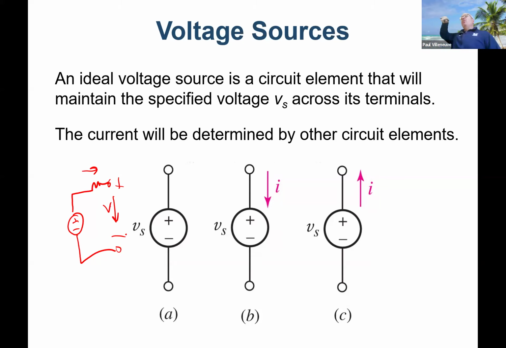And so what we do in many cases in circuit analysis is we're really good at Thevenin and Norton and doing all that stuff, or we will be at the end of the semester. But the idea is that we take a real world circuit and we model it with ideal components so that we can analyze them. So we can use ideal voltage sources as long as we put those resistors in there.